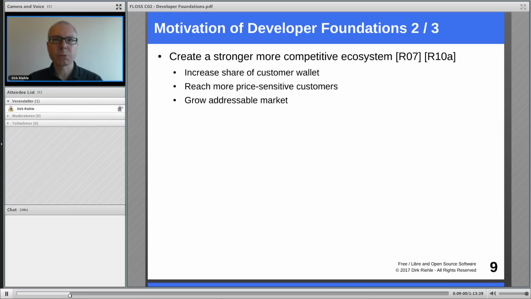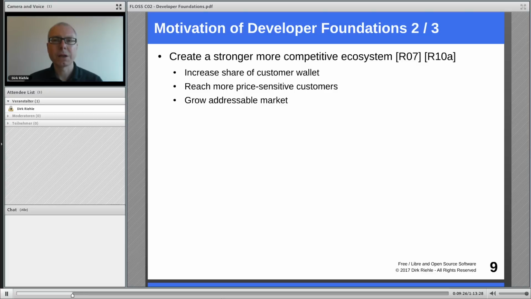Anyway, so the second motivation, which came after the initial historic one, was the recognition by companies of how important open source software is commercially and to their products. The second motivation is to create a stronger and more competitive ecosystem. This takes the form in three main ways.